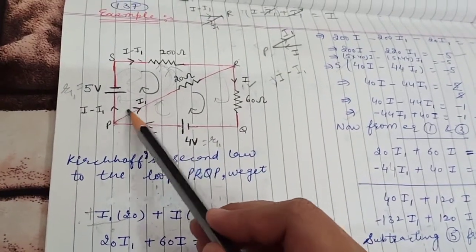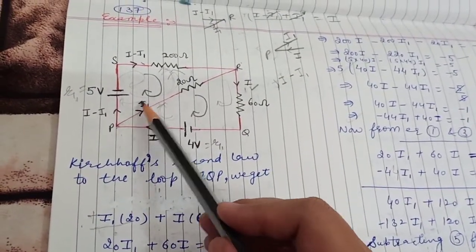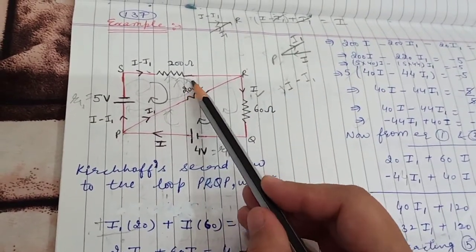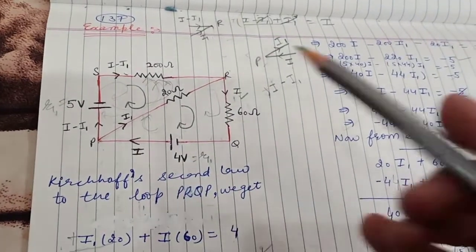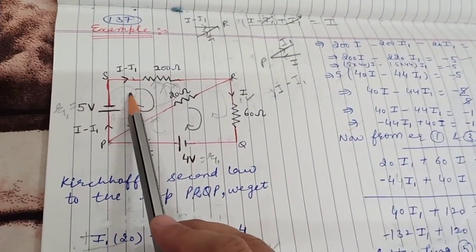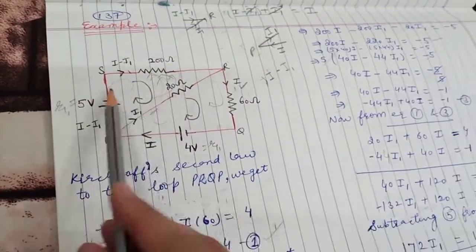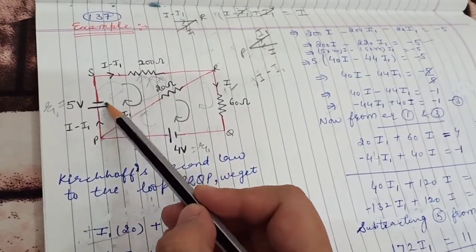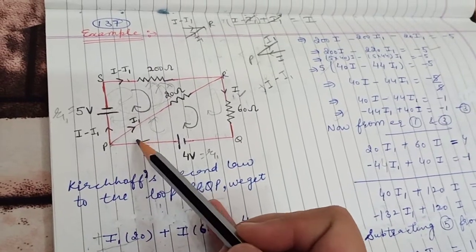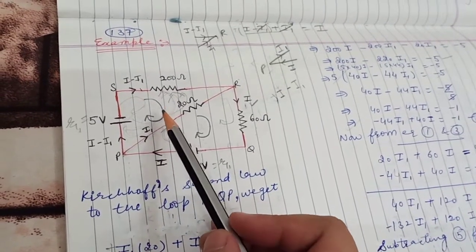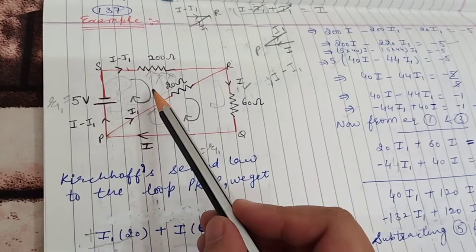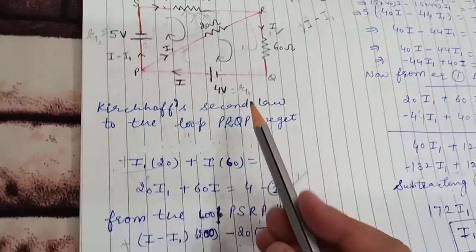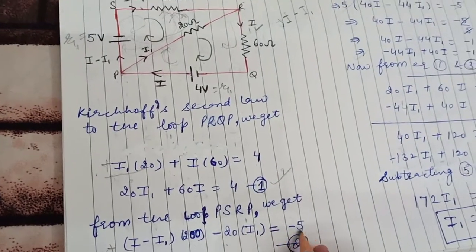Now this current I1 is flowing in the anti-clockwise direction for this loop. From the point of view of this loop, the current is going anti-clockwise, and the direction of traversal is clockwise. So the directions of the two are opposite, and the product of I1 into 20 takes negative sign, equal to EMF.